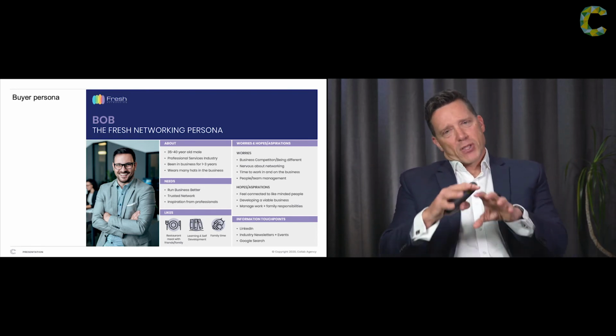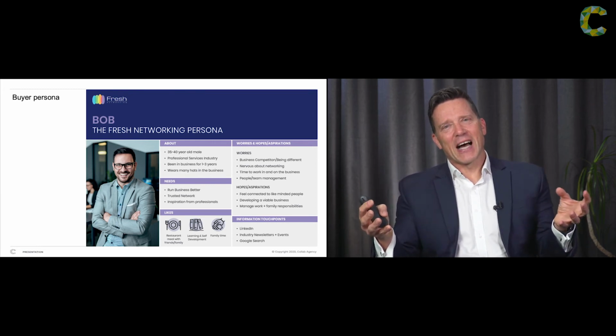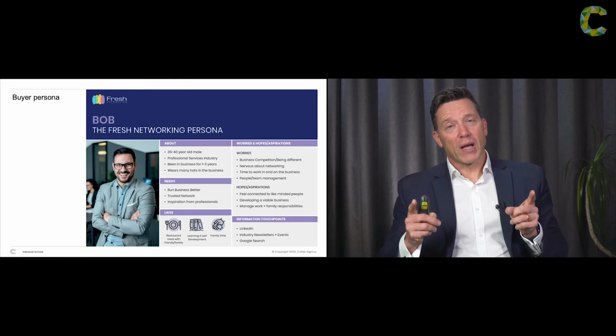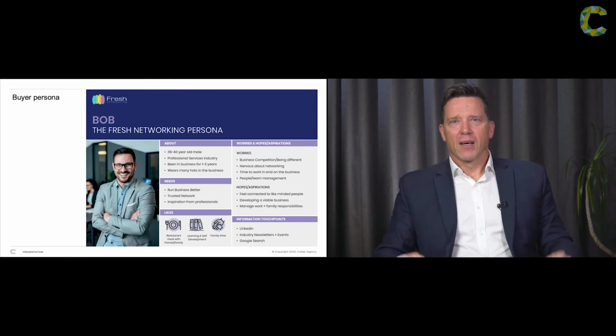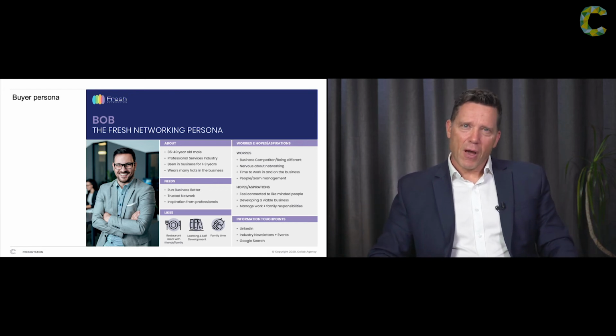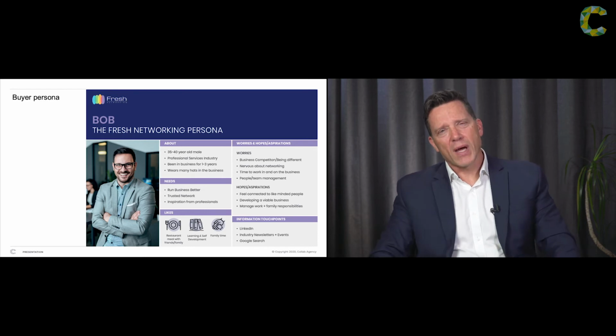This persona is a painted picture of a fictitious character, but this is your most important customer brought to life. So when you're employing new staff, you say, this is our value proposition, and here is the customer we're going with. This is who they are, this is what they want, and these are the needs and pains we're going to solve for this person.